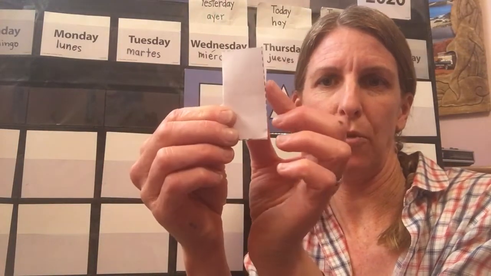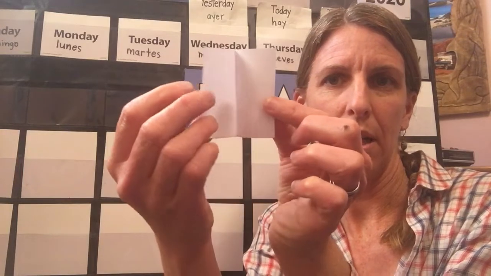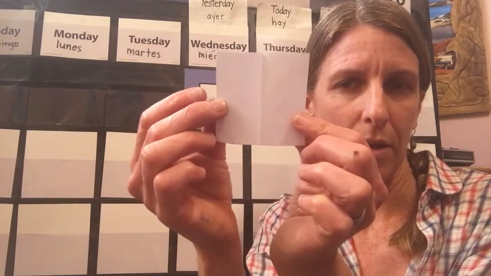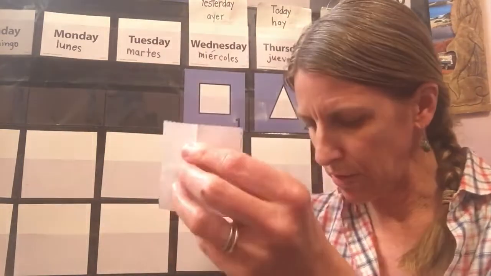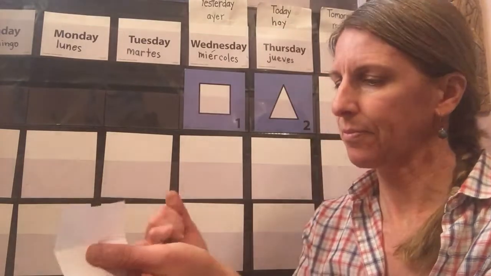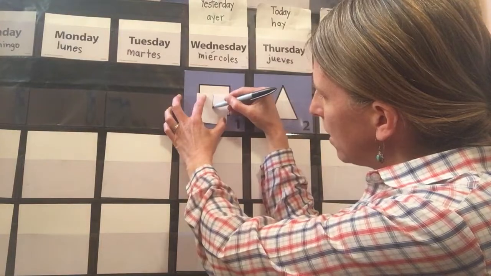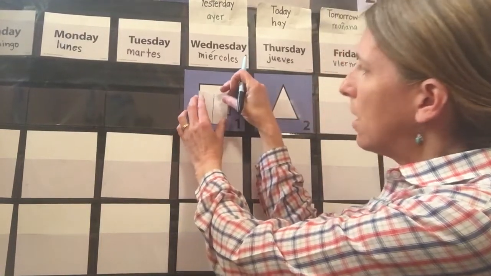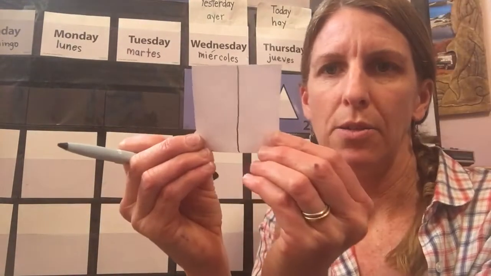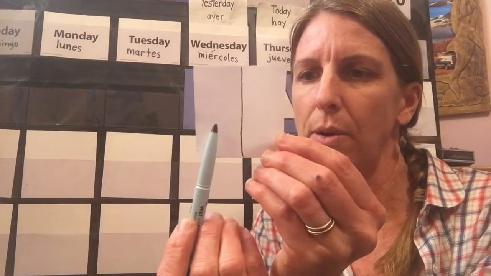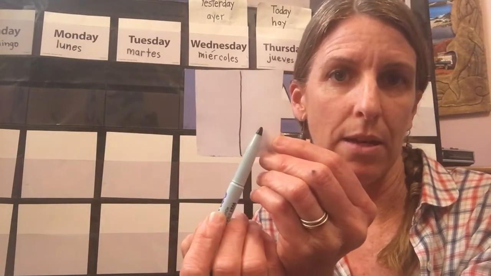How about like that? If I fold it in half that direction and open it back up, you can see this line going down the middle of the square, and I'll trace over that line. And you can see that this side of the square is the same as that side of the square.